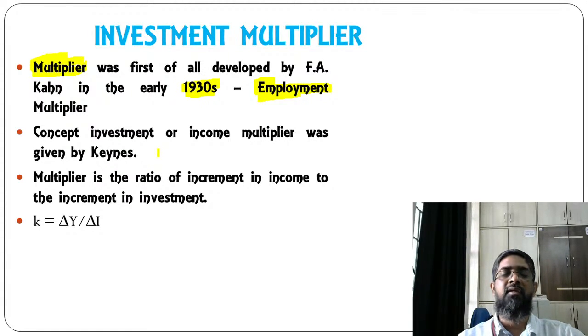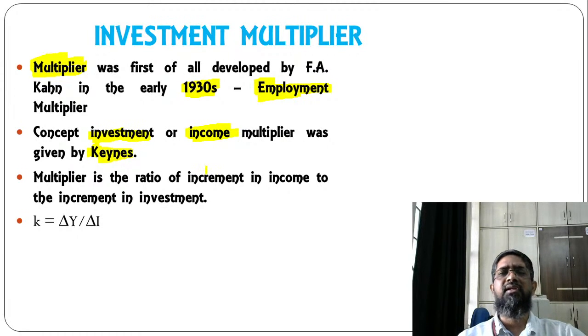Later on, the same multiplier concept in the form of investment multiplier or income multiplier was popularized by Keynes. Investment multiplier and income multiplier, this concept was given by J.M. Keynes, John Maynard Keynes.